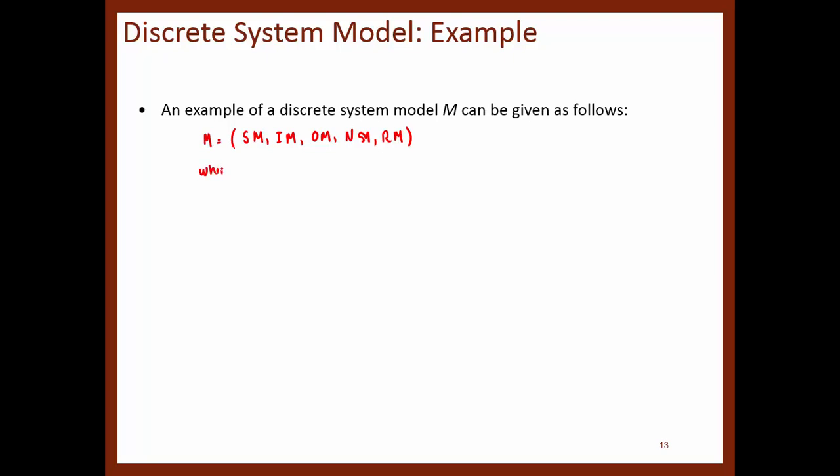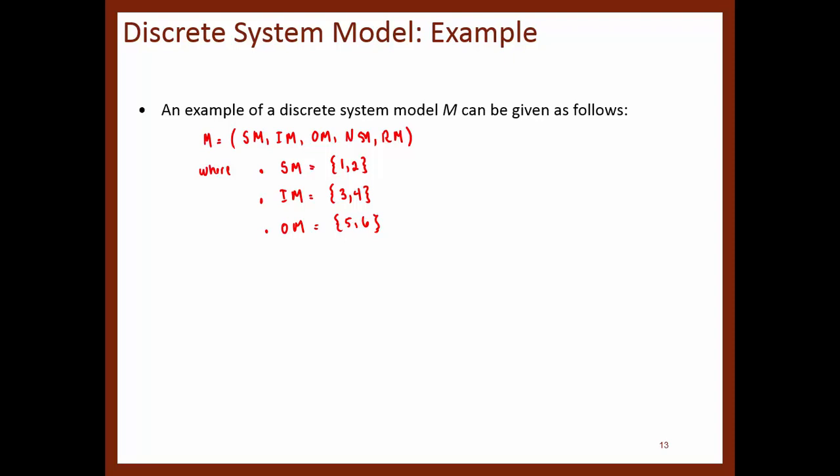where we're going to have the following states. So the states are going to be 1 and 2. The inputs are going to be 3 and 4. The outputs are going to be defined as 5 and 6.